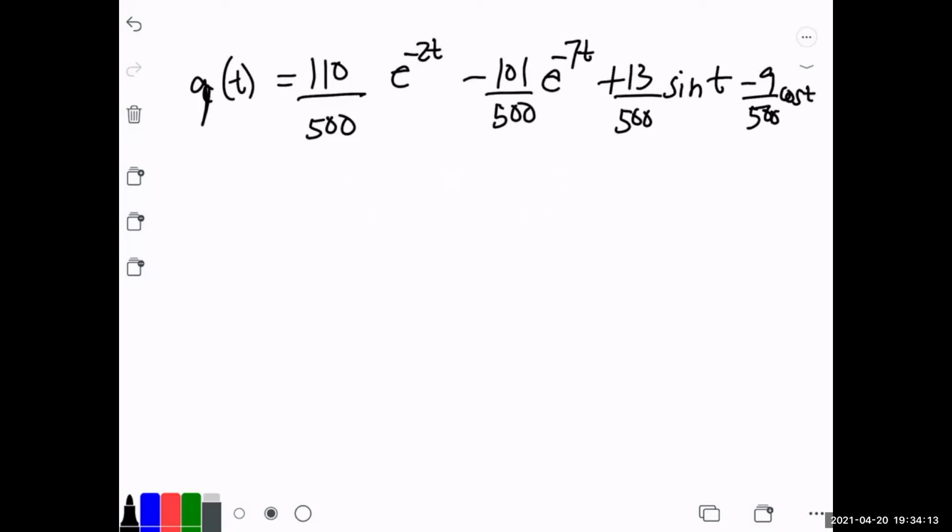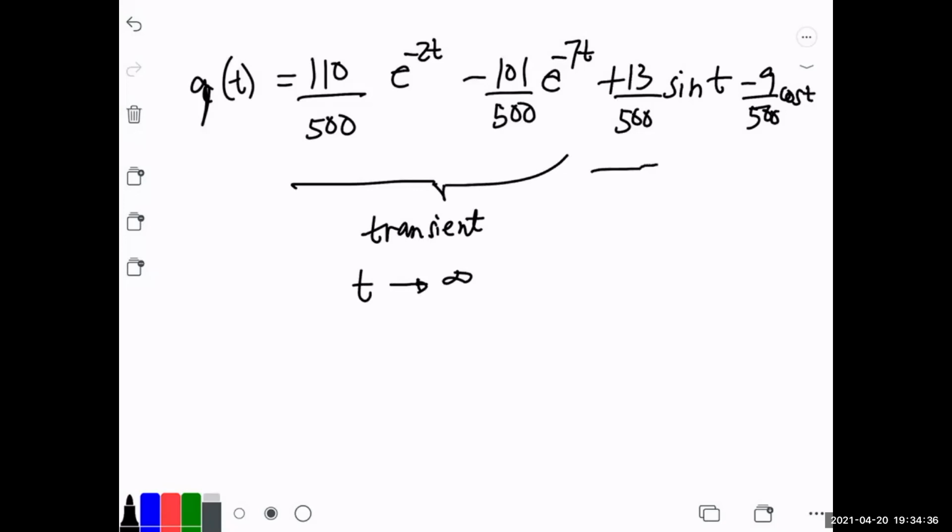So the exponential part is actually the transient part of our equation. So this is the transient. If t goes to infinity, this would become 0. Look at the e. It has a negative exponent, so it will be in the denominator. So 1 over infinity would be 0. So both of these terms would be 0.